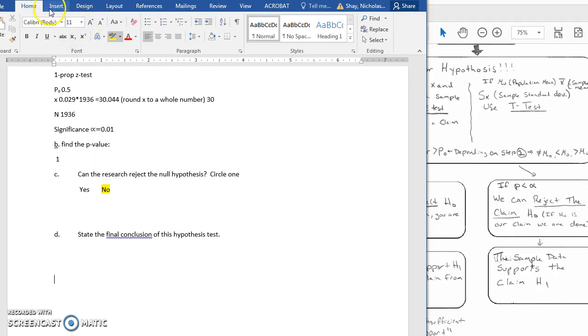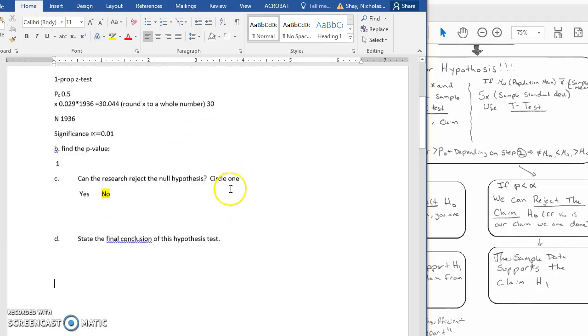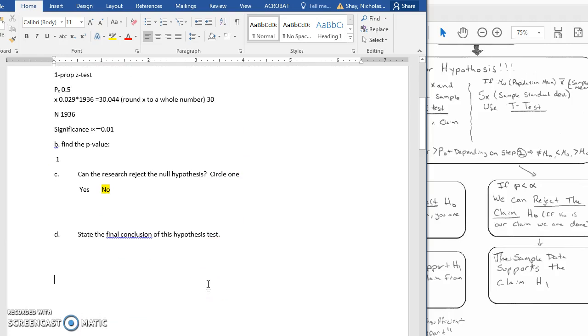And now here's the part that everybody's having trouble with, and I encourage you to focus in on. The language we're going to use in the final conclusion depends on which one is our claim. Since our claim is H1, we are going to use the word support. So we are going to say, since we cannot reject the null, we cannot support the claim that the majority of students had trouble logging in.